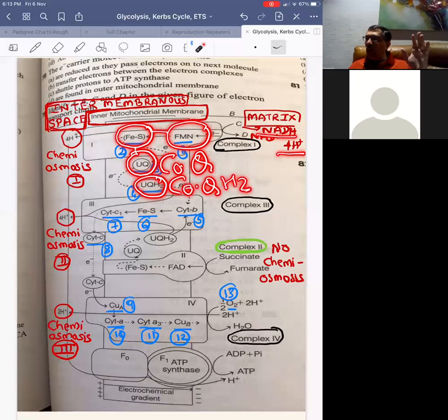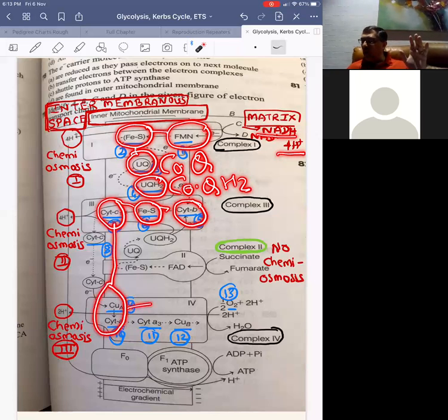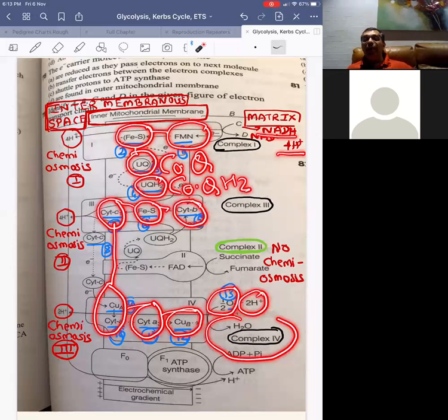From there to cytochrome B. From cytochrome B to FES. From FES to cytochrome C1. From cytochrome C1 to cytochrome A. From cytochrome A to cytochrome A3. From cytochrome A3, again it is copper containing. It will go to oxygen and combine with proton to form water, which is called terminal oxidation.